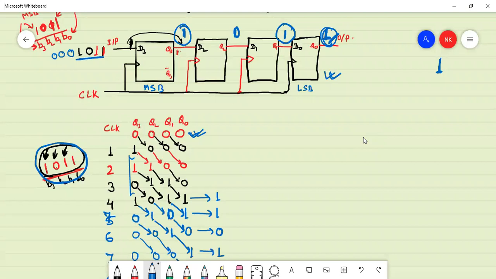In the same way, if we look at the serial in, parallel out shift register, then what will we do? For all four bits, we need 4 clock pulses to feed the data.